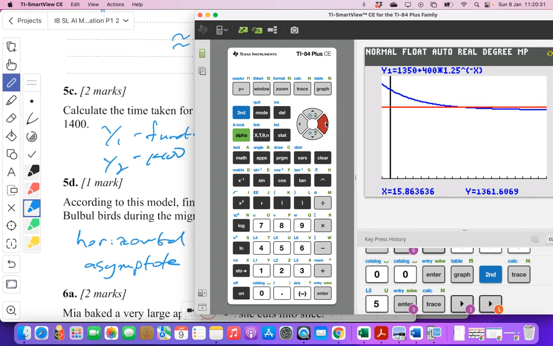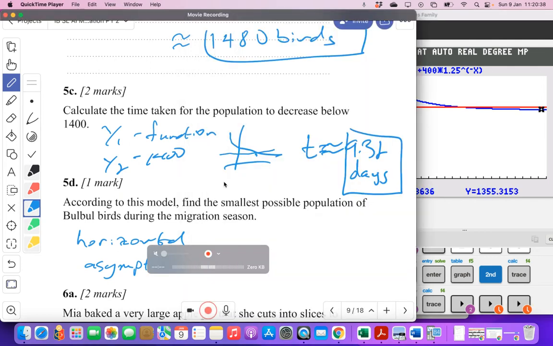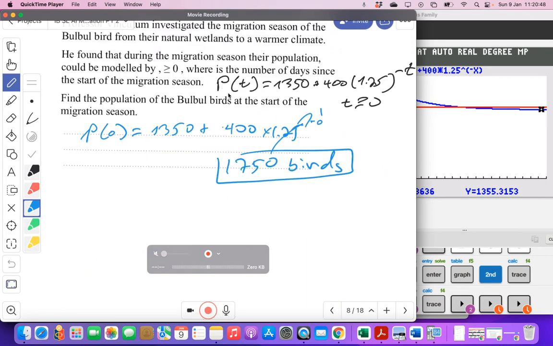Well, maybe the table might be faster to see what it is. Or I could do it analytically, that the exponential part of the function is actually getting smaller and smaller. So this part here of the function is basically going to 0.